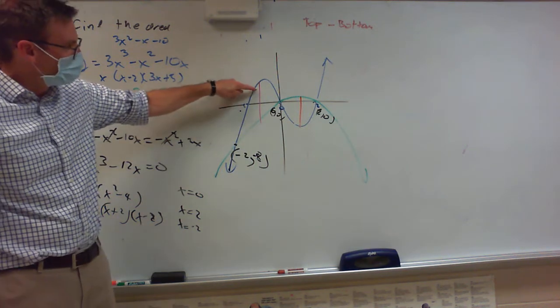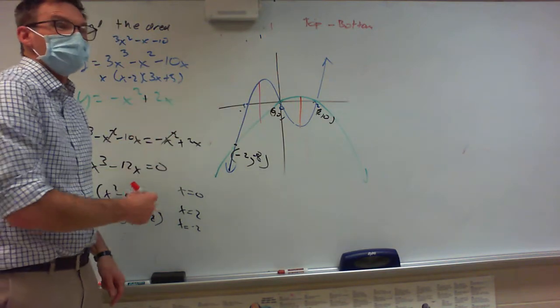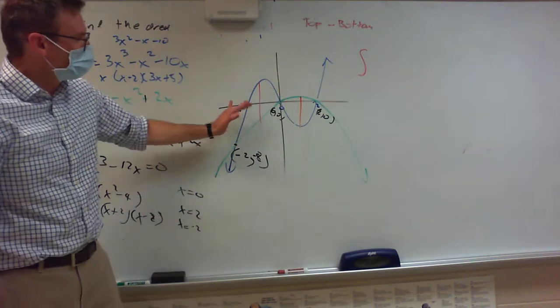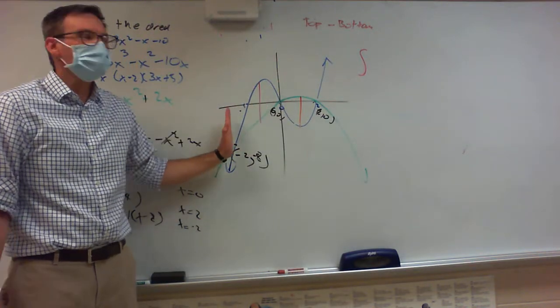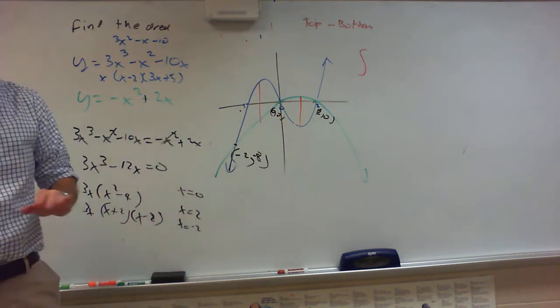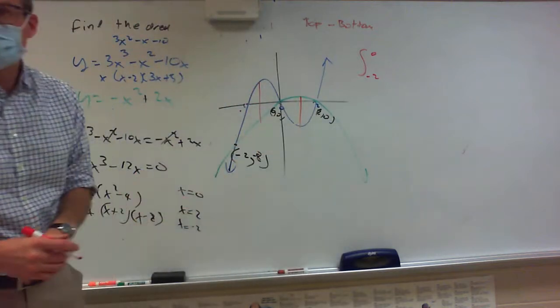So, this red rectangle, I'm going to set that up as an integral with the red pen. So if I want to know what this rectangle is doing, first of all, where are we stacking our rectangles? From what x value to what x value? Negative 2 to 0. So this is going from negative 2 to 0. And what's your top function minus your bottom function?